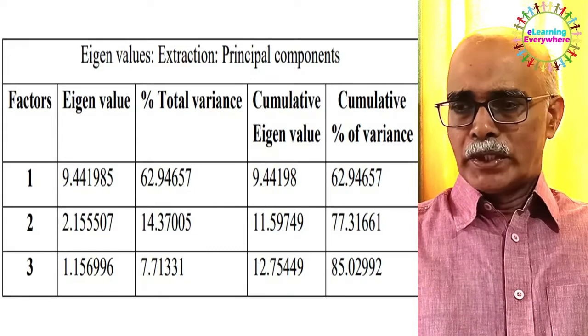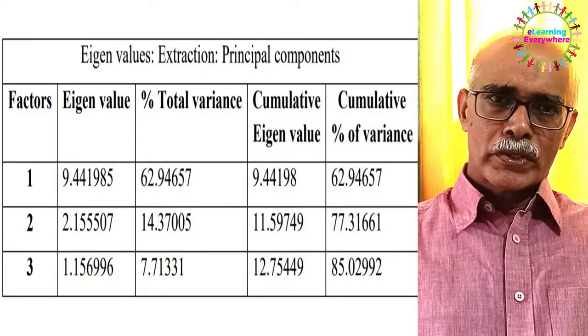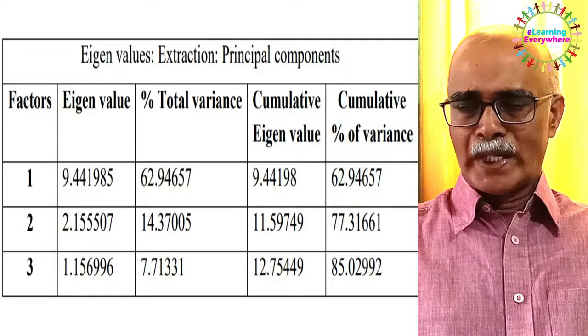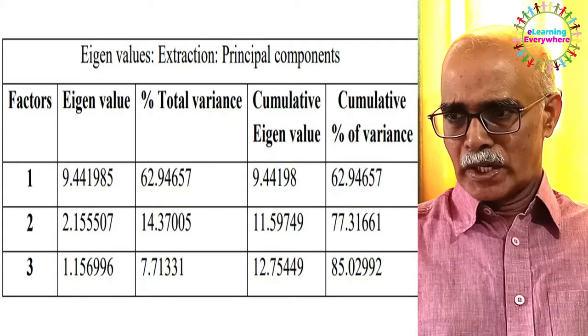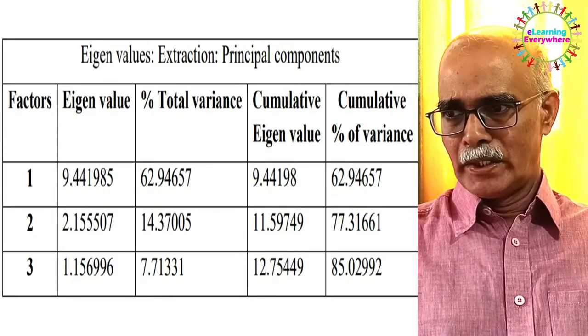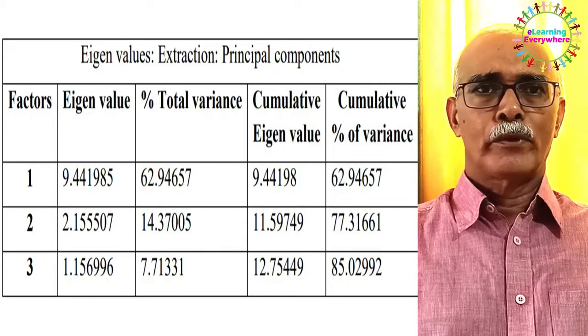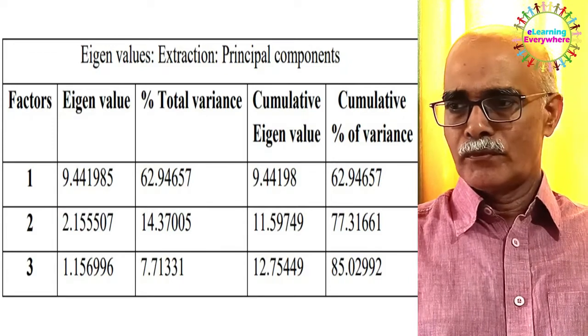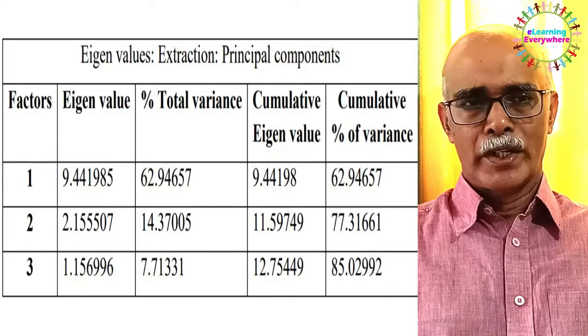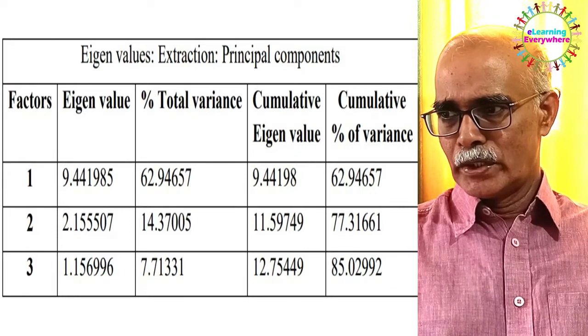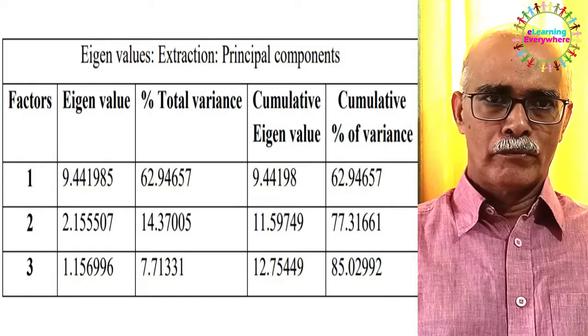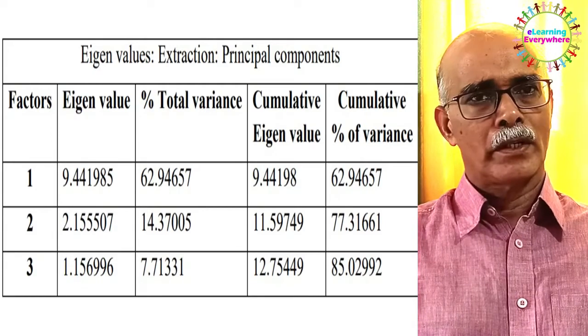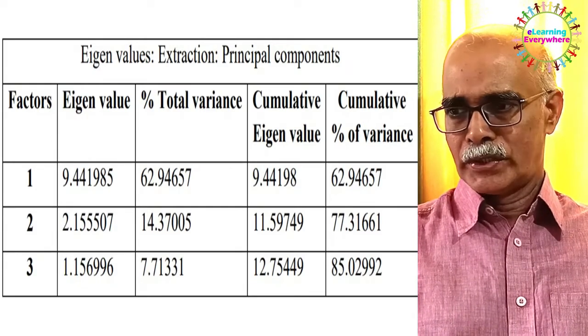And you can see that there are three factors, and among them, factor 1 shows the highest eigenvalue and the contribution of the highest percentage of total variance towards the cumulative variance of the population under study.